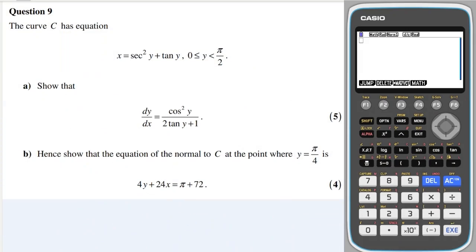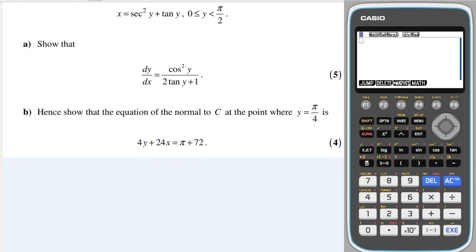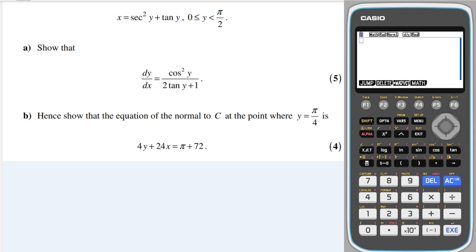Okay, question 9, we've got implicit differentiation. And we've got this equation here. And it says show that dy by dx. Okay, so I'm going to differentiate with respect to y. It's probably the easiest thing to do, and that gives me dx by dy is equal to the derivative of sec squared x, which is not trivial.